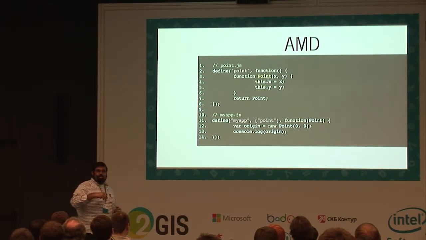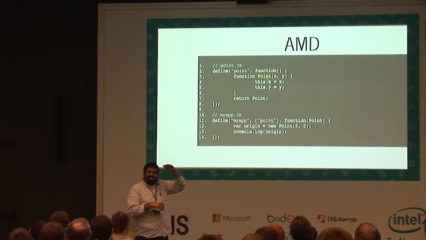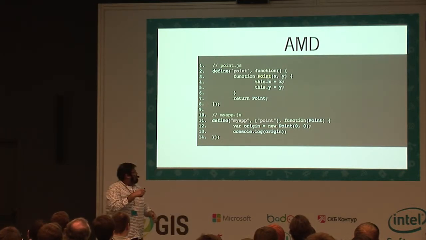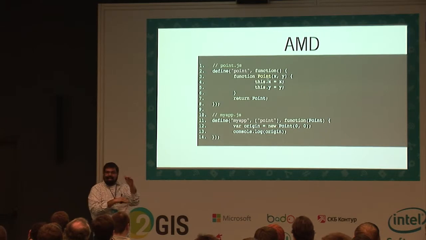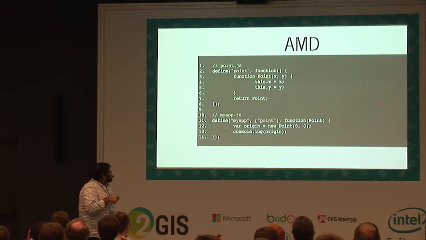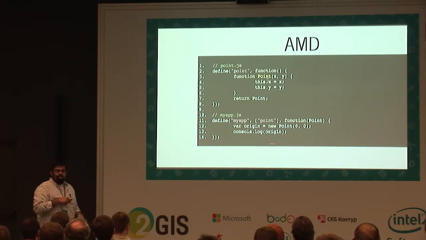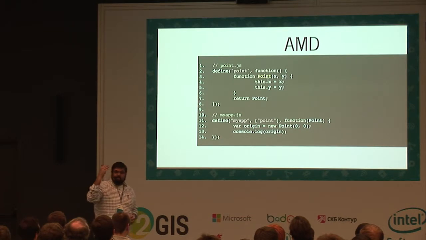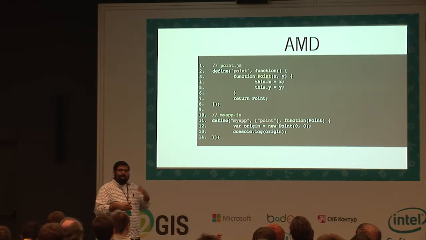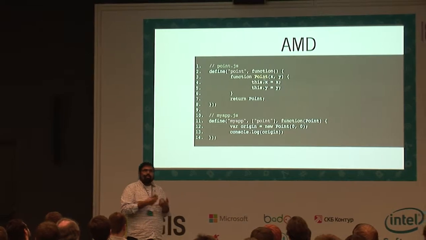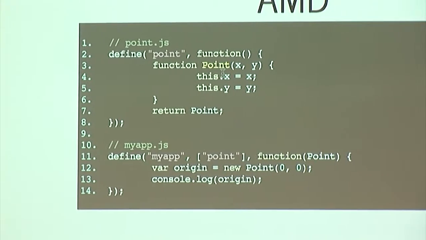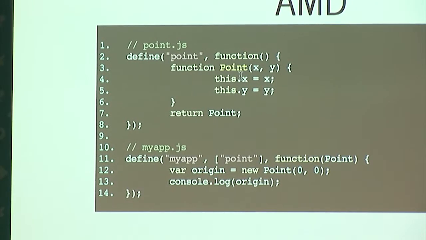Rather than having to make sure that the script tag for point is somewhere below in my list of dozens or hundreds of script tags, my app file has to be there after that. I can specifically define it here, and then the module system itself will know, because I've put point here, it means that point is depended on, which means when I actually bundle up my code all together, the module system will make sure that point exists above the myapp definition inside of the output file.